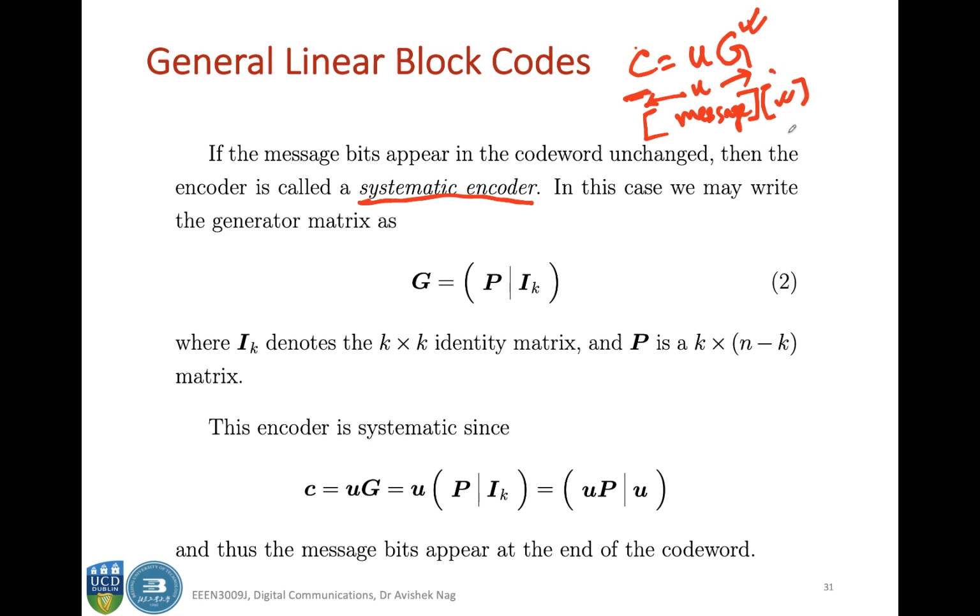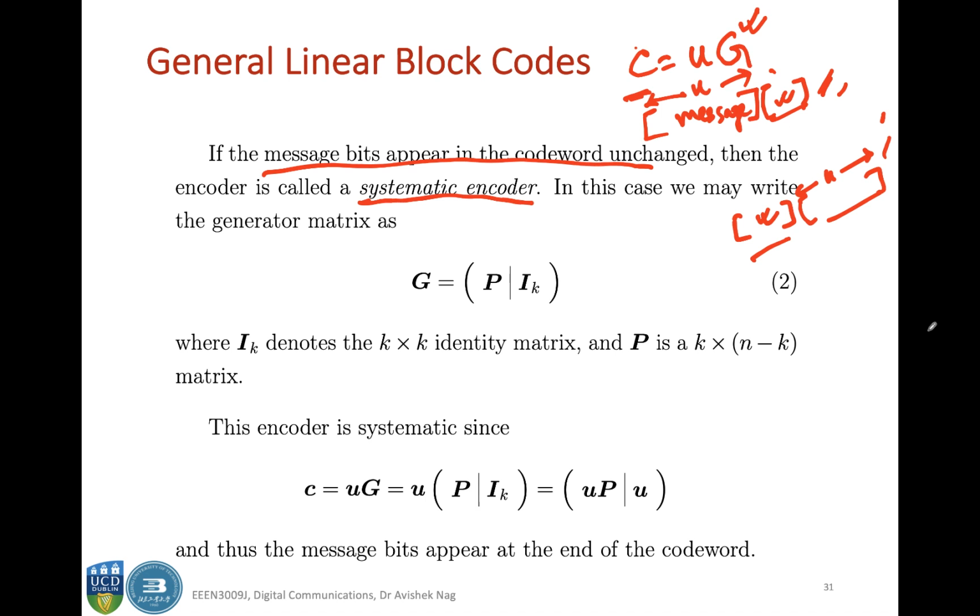Or you can also have the check bits first, and then followed by your message. Okay, so in both forms your message bits appear in the code word unchanged. Whether the message bits come first and then the check bits, or the check bits come first and then the message bits, in both cases, your message bits appear unchanged in the code word.